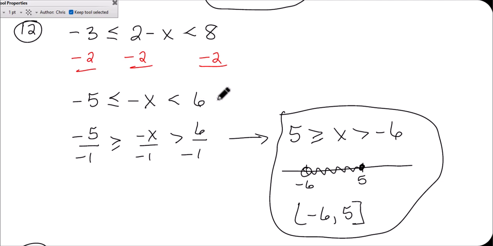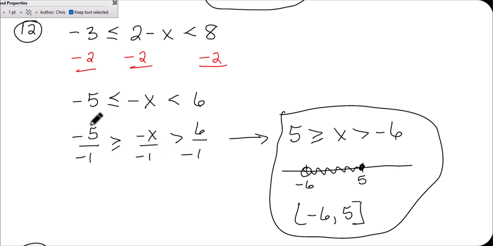Now we're not quite done because I still have a negative in front of the x. It's easy to get rid of. I have to divide by negative 1. But with inequalities, if I multiply or divide by a negative number, all the inequalities must flip around.